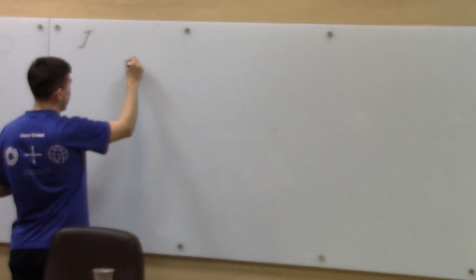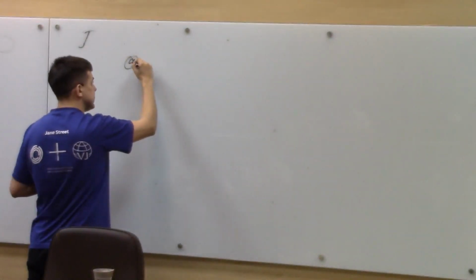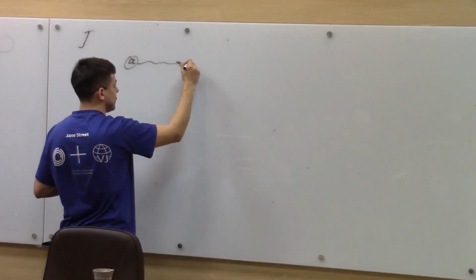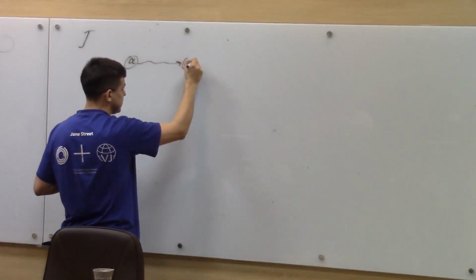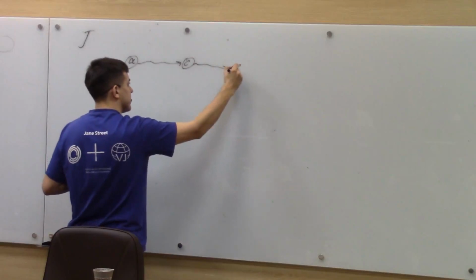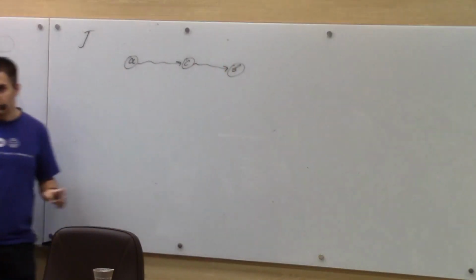So we had a graph, and we wanted to find the path from A to B, sorry, that passes through C. And the shortest one.